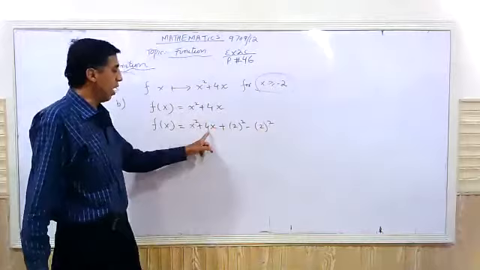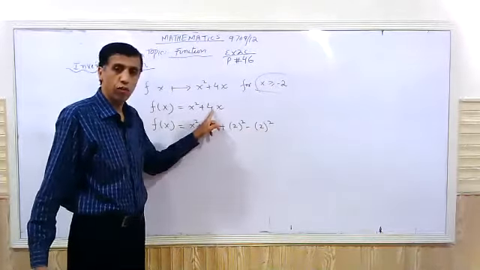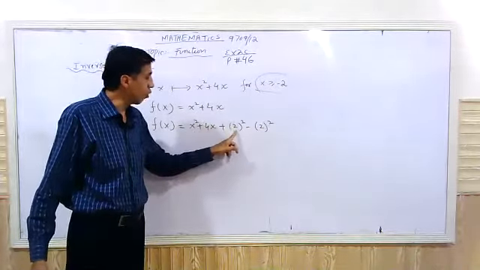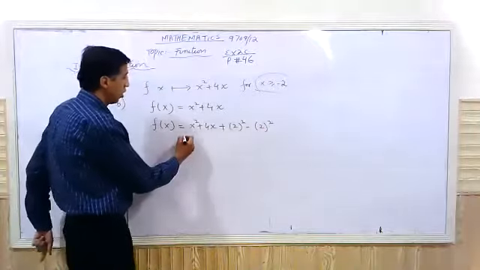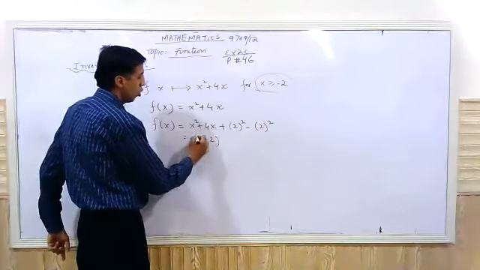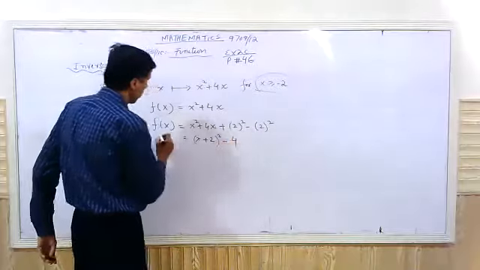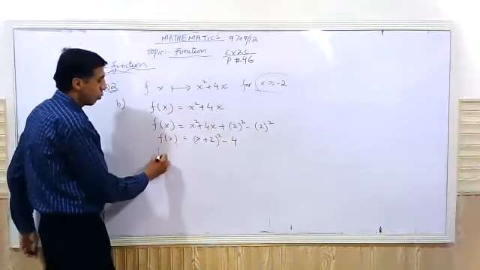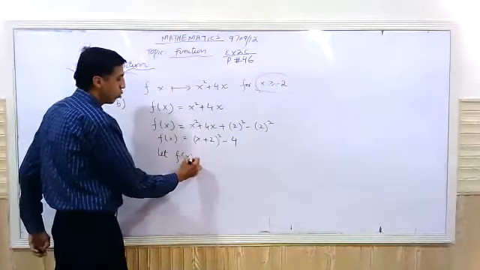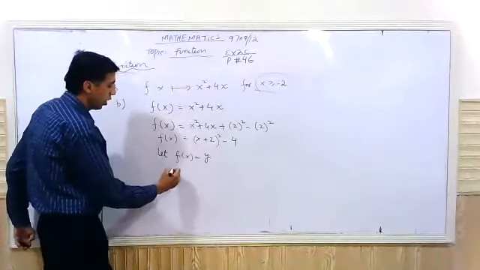We have to take half of the coefficient of x and add the square of 2 and subtract it. You will get x plus 2 whole square minus 4. Now here suppose let f of x be y, keep it over here.